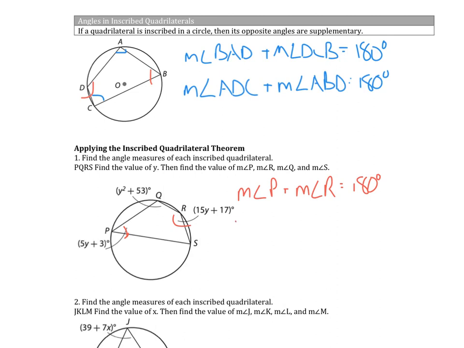So P is 5y plus 3, and then plus 15y plus 17, and that has to equal 180. Combining like terms there, and we get 20y, 3 plus 17 is 20, equals 180.